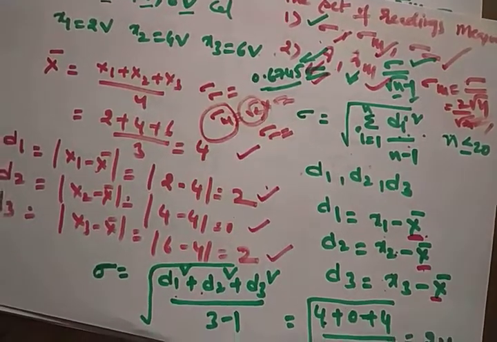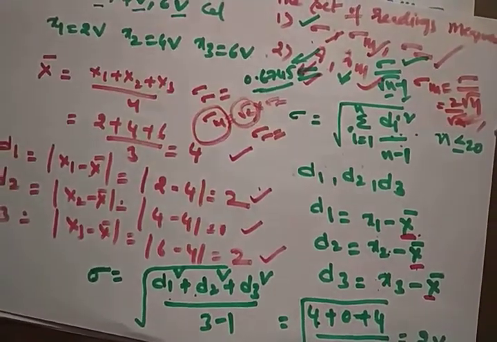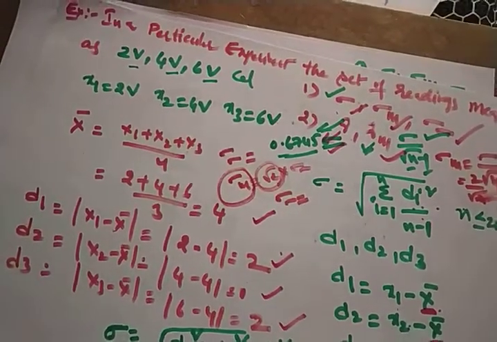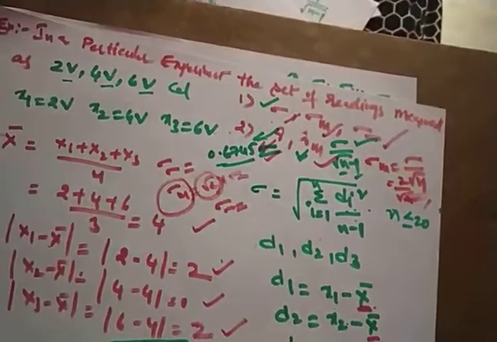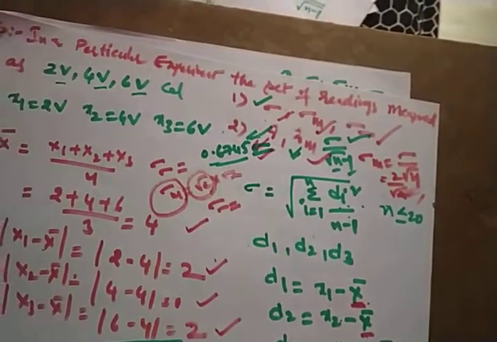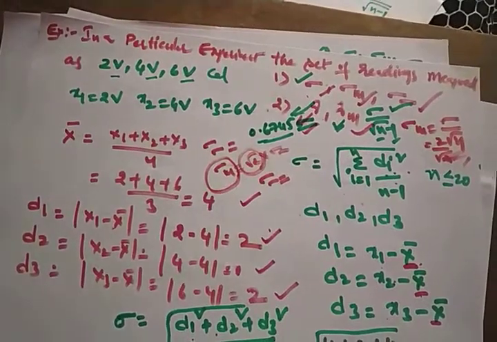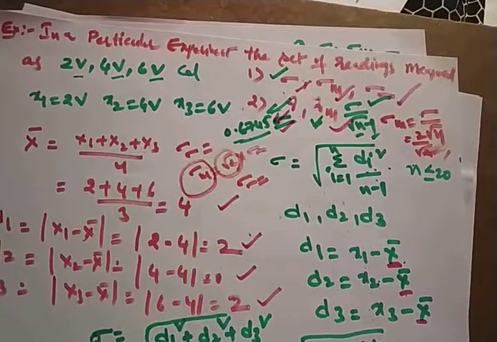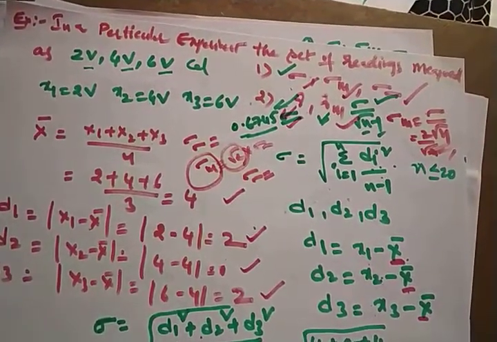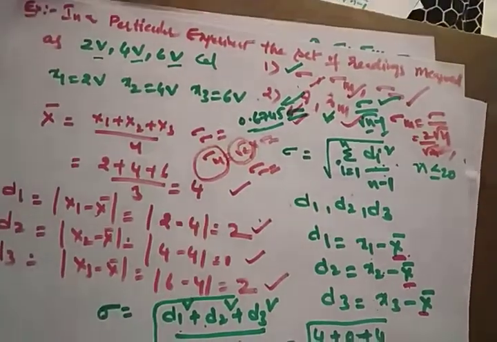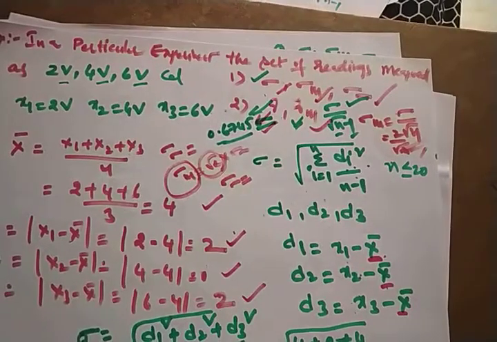A fractional error is obtained if we remove the percentage. Then we discussed limiting error and relative error. If the user specifies the percentage error, it is called relative error. If the manufacturer specifies it, it is limiting error, and we described different formulas for percentage limiting error.